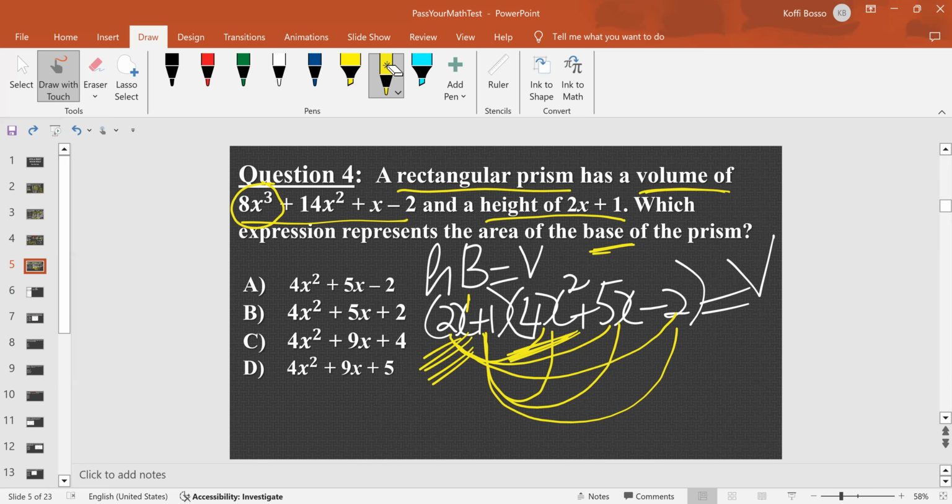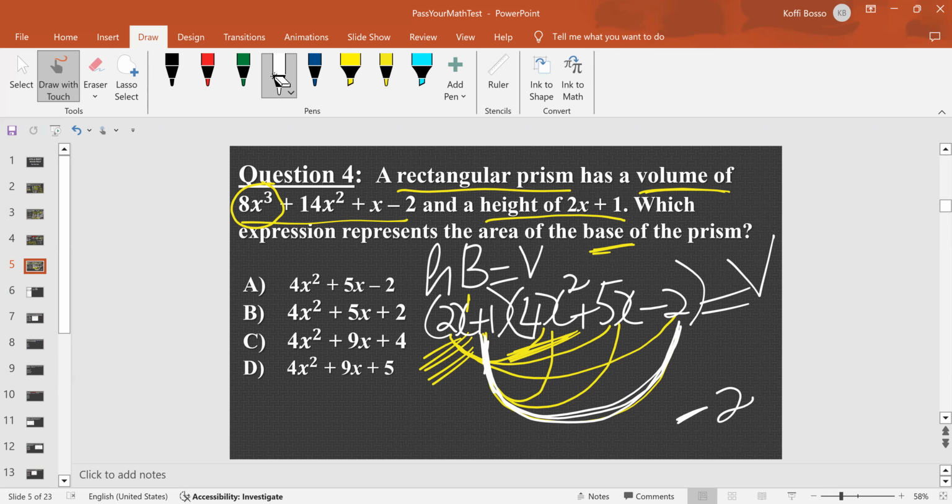But let's see what's going to happen if we do the last term. I take 1 and multiply by the negative 2. So the last term of the height multiplied by the last term of the base. Doing that, I'm going to get negative 2.